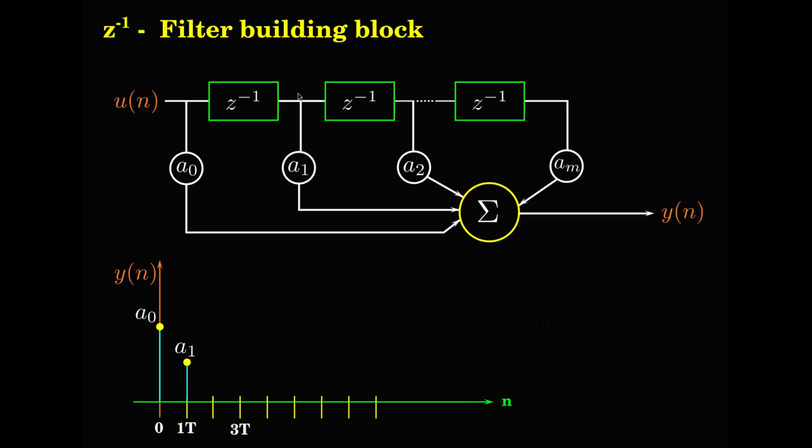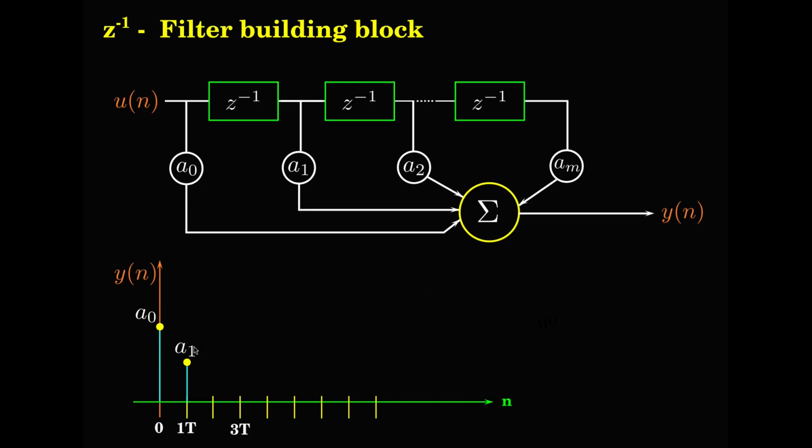At 1T, the value here is 0, but it is 1 here, because the delayed value is here. That 1 now passes through this A1 scaling factor and goes on to the output as A1.